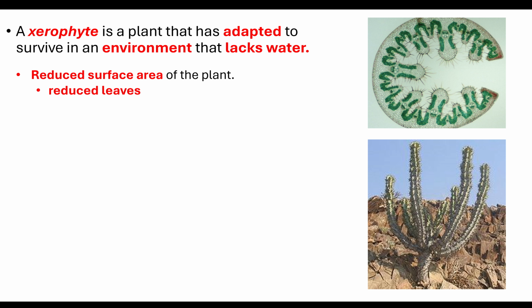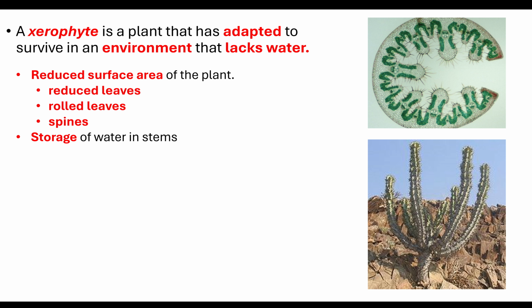They can reduce the number of leaves that they have. They can roll their leaves, as you can see with the marram grass at the top, or they can have spines instead. So that's what you see when you are close to cacti. So this reducing of the surface area means there's less exposure, therefore less loss of water, less transpiration.